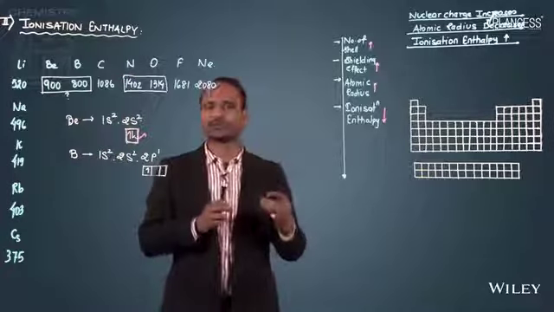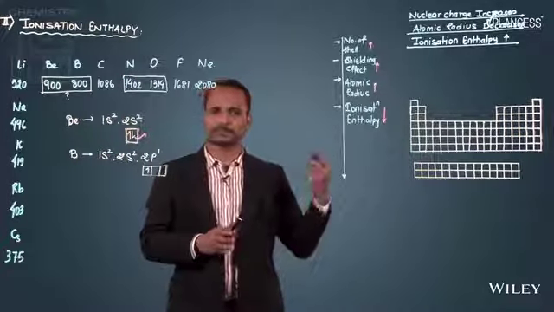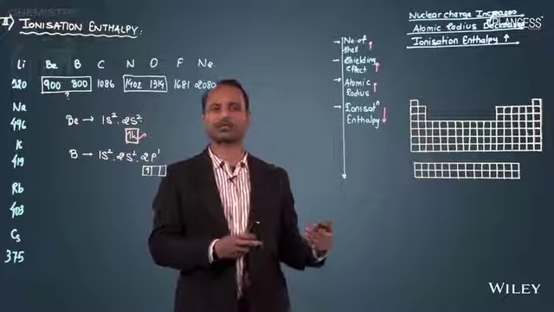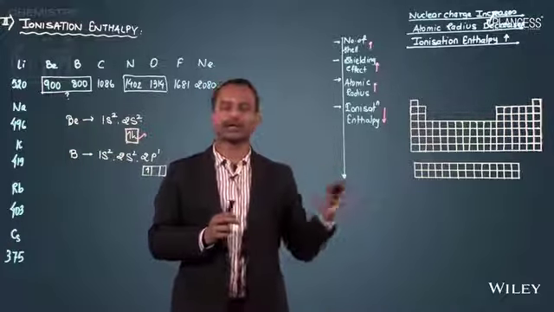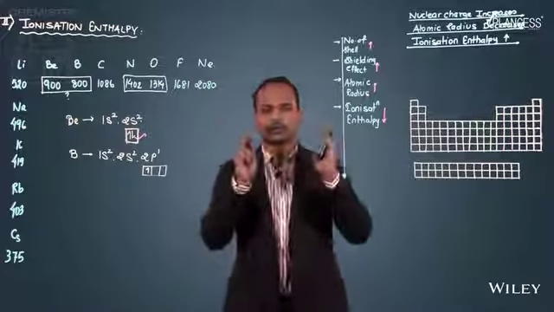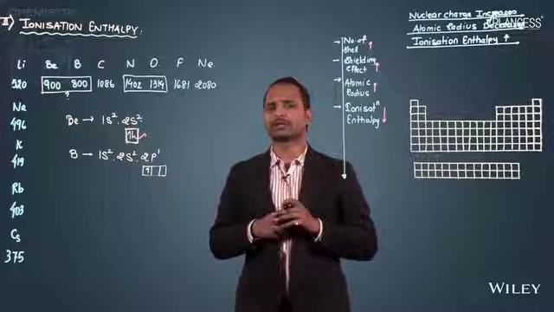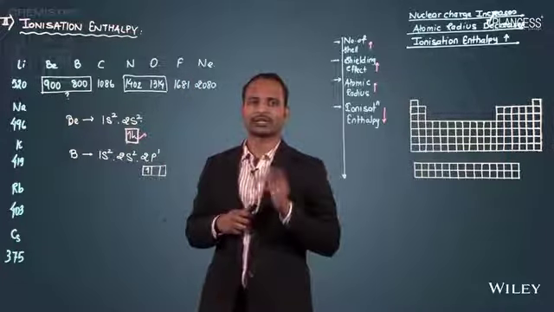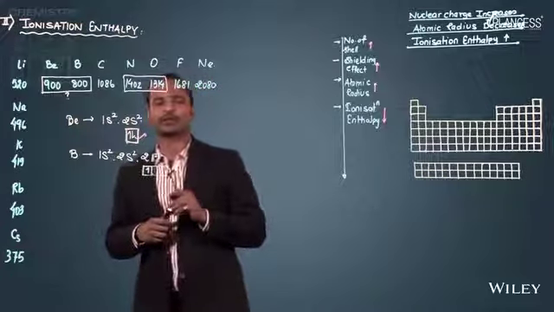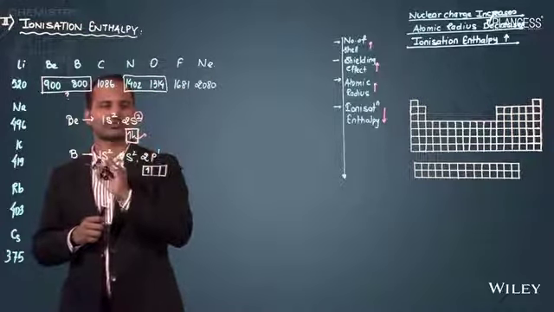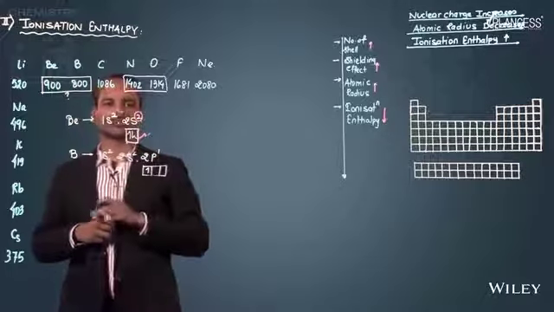We saw that the fifth factor which affects the ionization enthalpy was the electronic arrangement. In that part I said that if an atom has a stable electronic configuration, half-filled or completely filled, then the removal of an electron requires more energy. So the 2s2 configuration is a stable configuration, so here the removal of the electron will be harder.